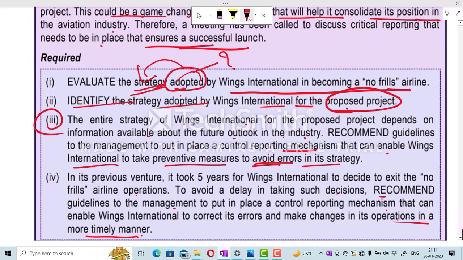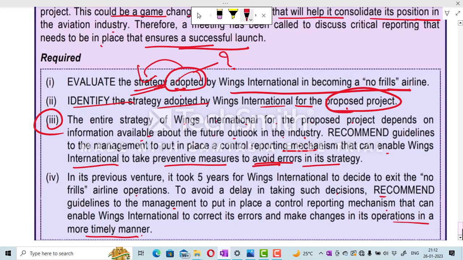The entire strategy of Wings International for the proposed project, meaning the new project, depends on information available about the future outlook in the industry. See, we don't have the past data here. This is a proposed project, meaning we are yet to start. So, based on future estimations, we are making a strategy.